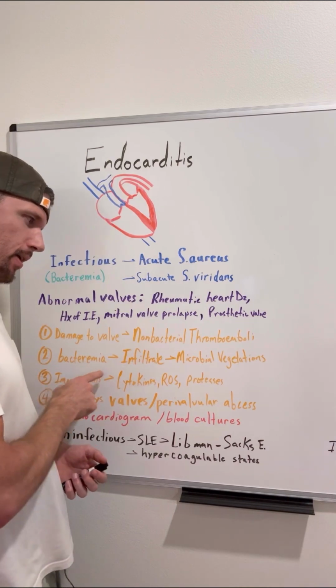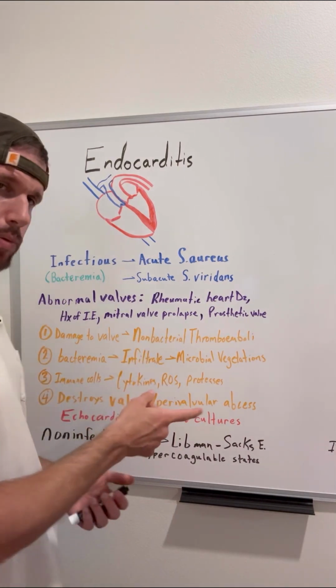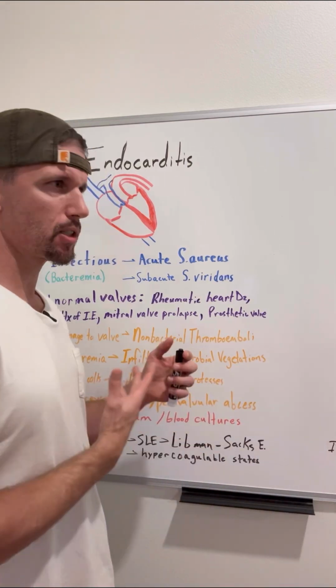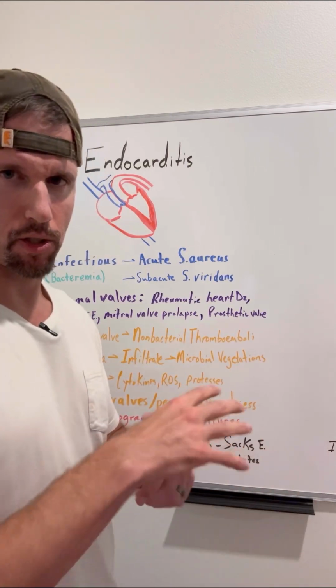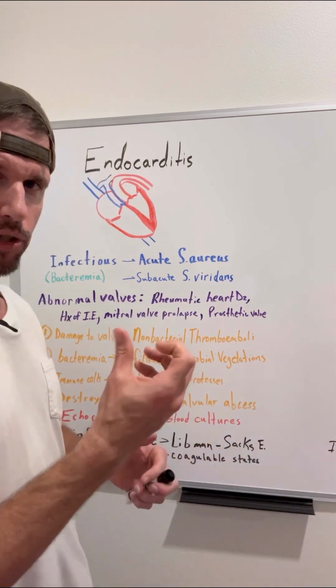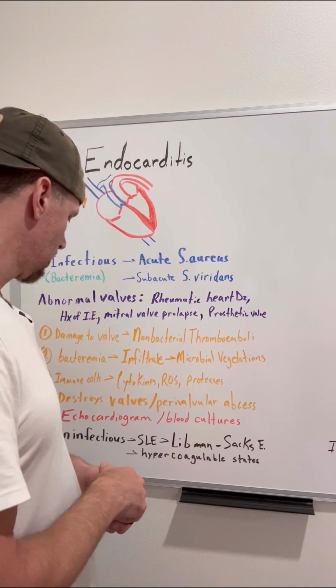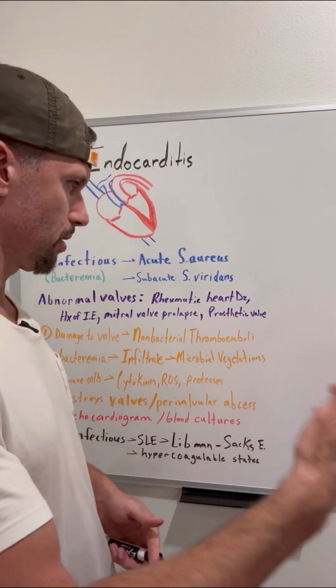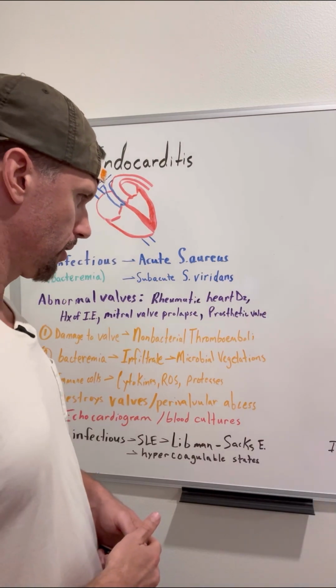Once you get that going, then the immune system is going to kick in. Cytokines and reactive oxygen species and proteases are just going to cause inflammation and abscess around that area and on the valves and just chew away and perforate the valves. So that's the process of the pathogenesis and pathophysiology.